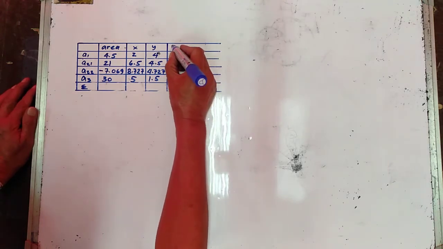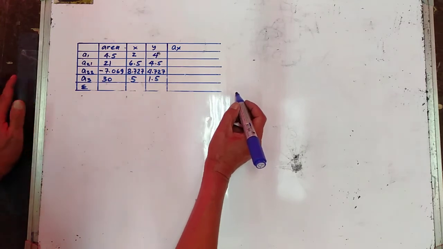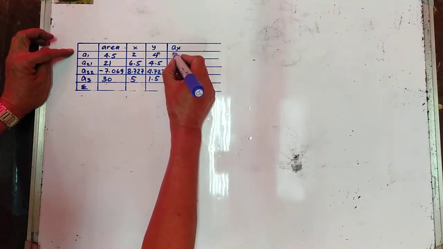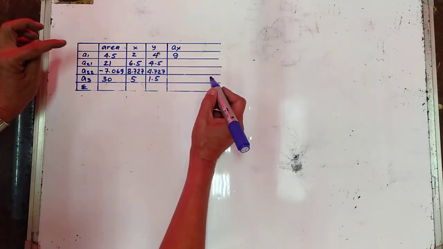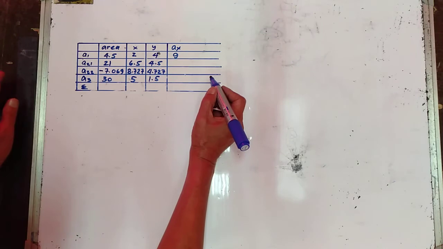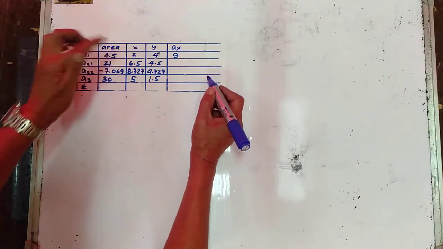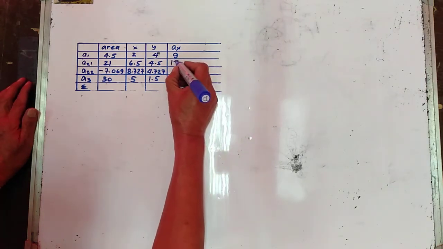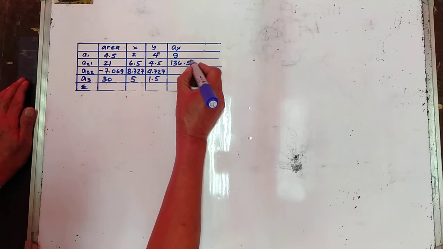So let's try to get now your Ax. Area times x first. 4.5 by 2 is equal to 9. 21 by 6.5, we have 136.5.